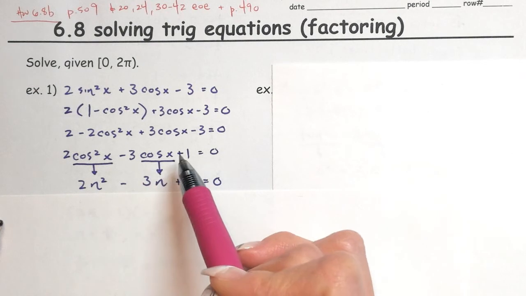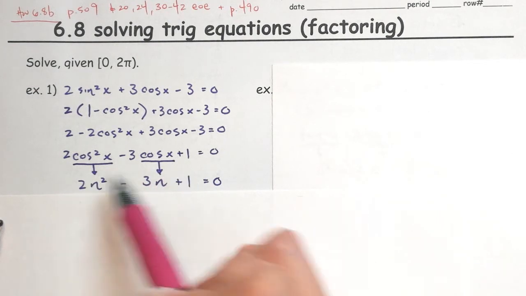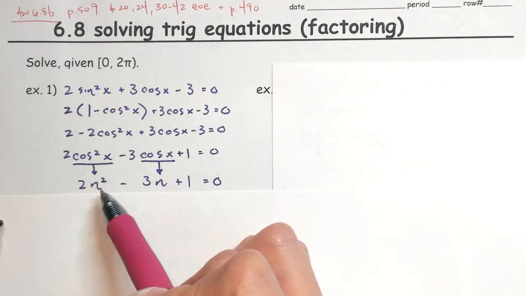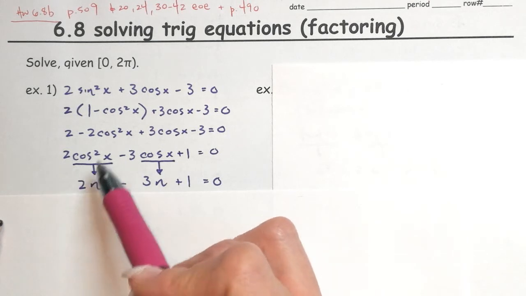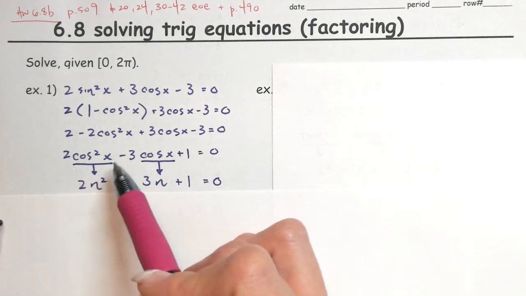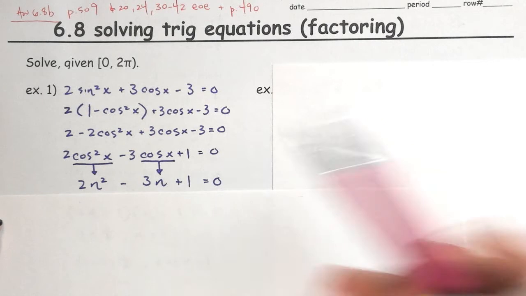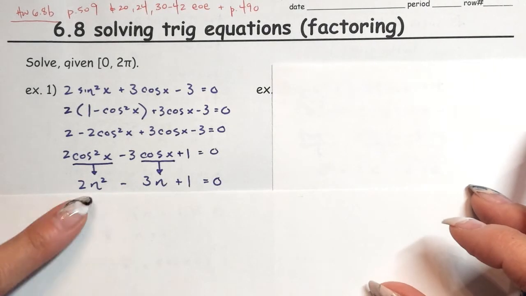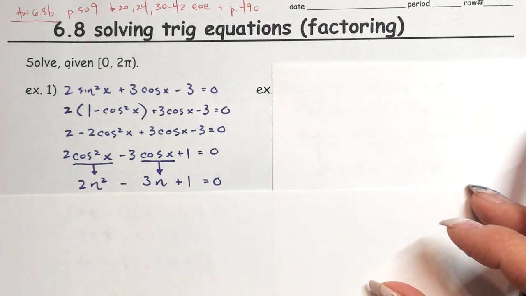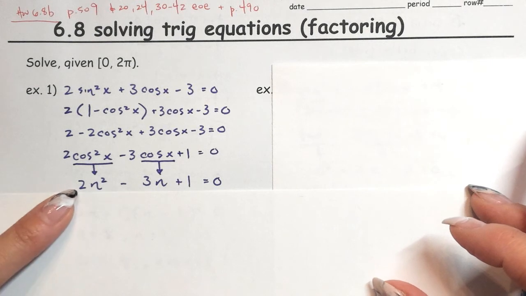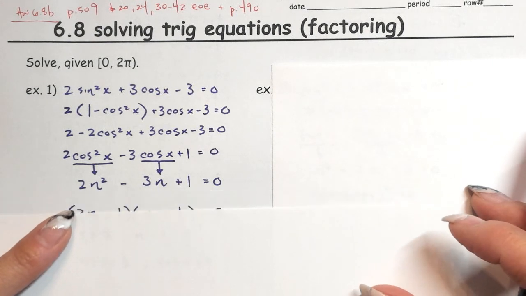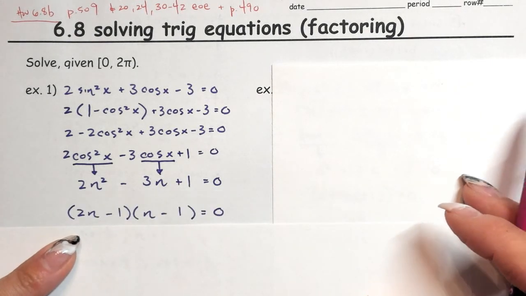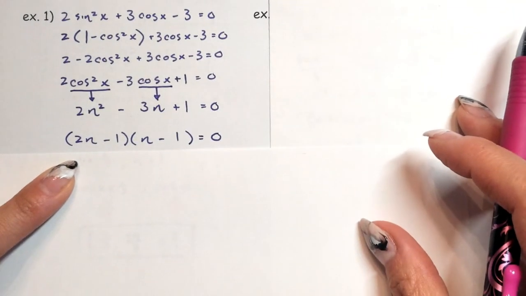So cosine x is now n, and then cosine squared x is n squared. So everything is the same except I switched out my cosines for n's, okay? And then this should be much easier for you to factor. So you go ahead and factor that. And then you get 2n minus 1 and n minus 1. Yes, you're supposed to be able to factor.